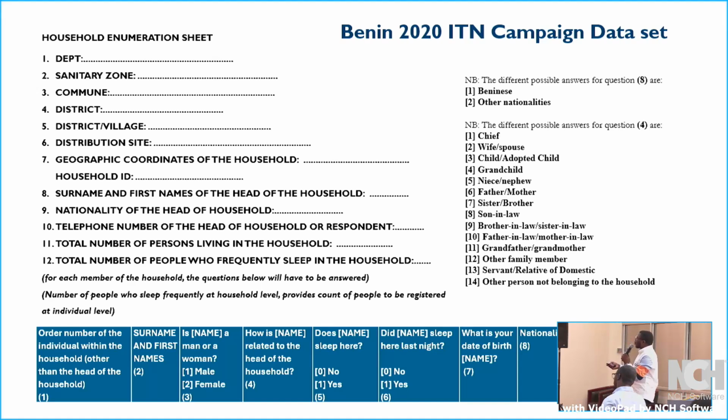Then you have the total number of persons living in the household. Then you also have the total number of people who frequently sleep in the household.